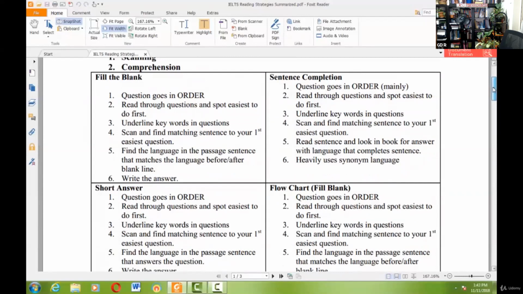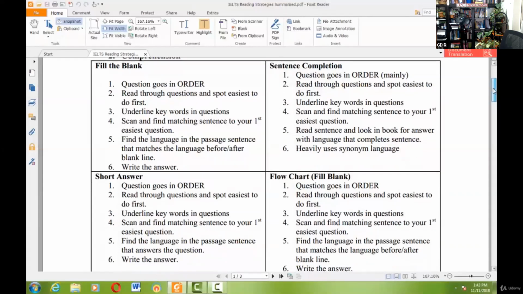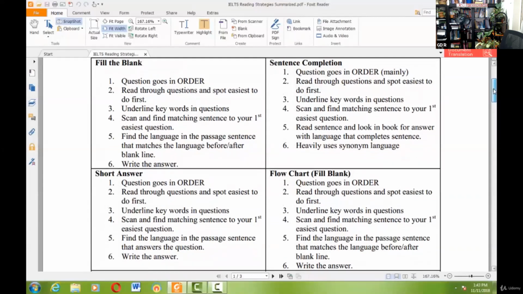It goes in order. You have your sentence completion question on the right side. As it says there, it goes in order mainly. I say mainly because I've seen a situation before, I can't recall it specifically, where it didn't go in order. It may have been a situation where you have two questions in the same paragraph and they have them inverted. But I would say like 90% of the time, from what I've seen going through all these passages, they go in order.